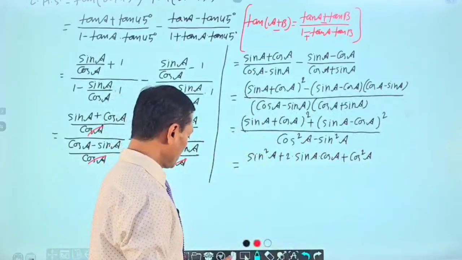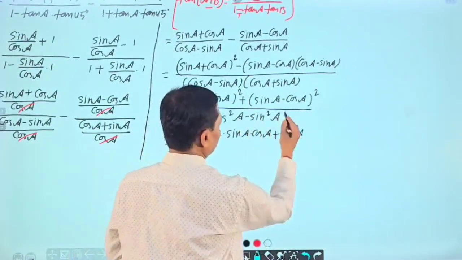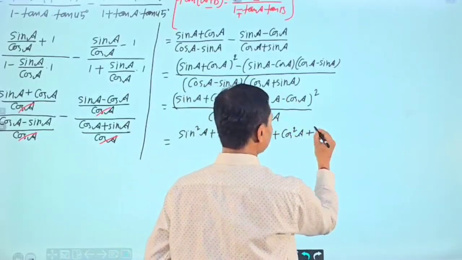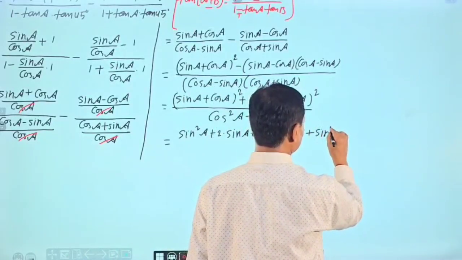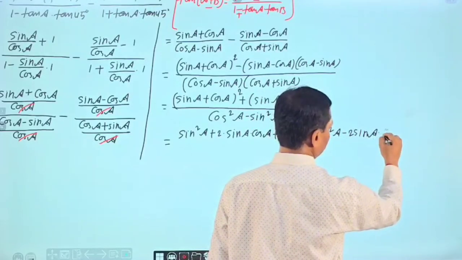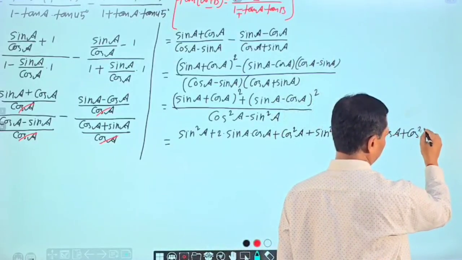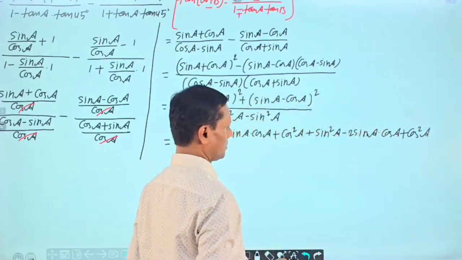Yes, you can write. And next step we have here A minus B whole square, that is sin square A minus 2 sin A cos A and plus cos square A, isn't it?